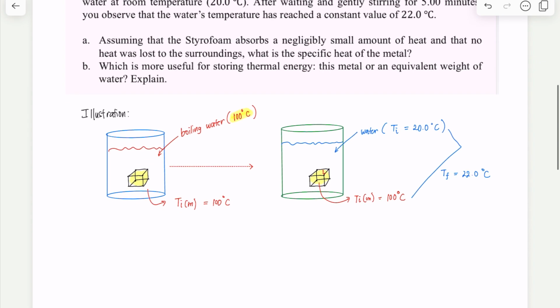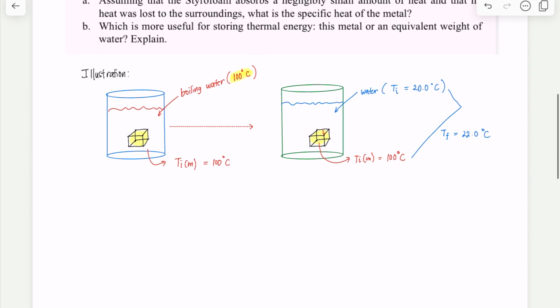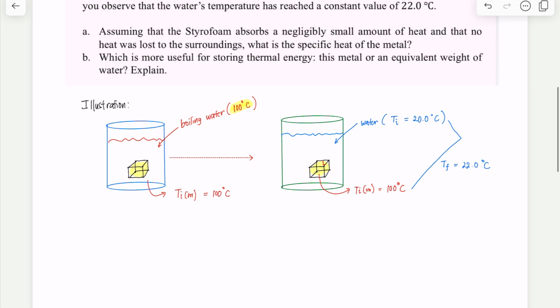Now, when we talk of calorimetry, I want to be very specific. In this case, you have a metal, you transfer it to water, and in effect, the water raised its temperature to 22 degrees Celsius.